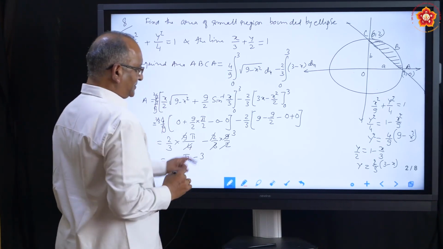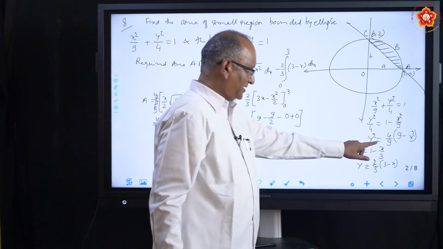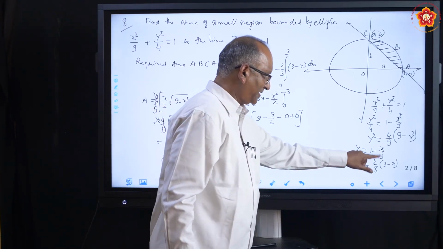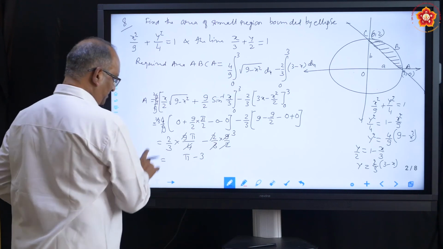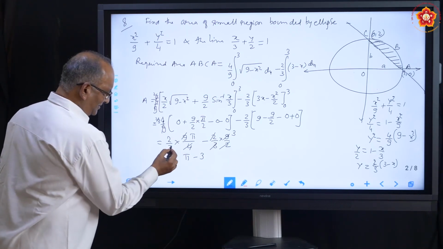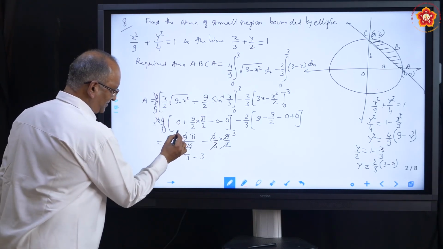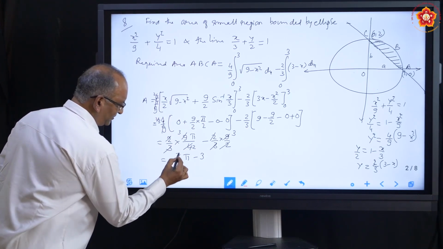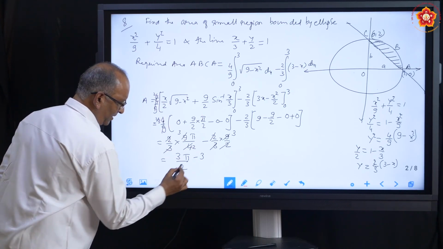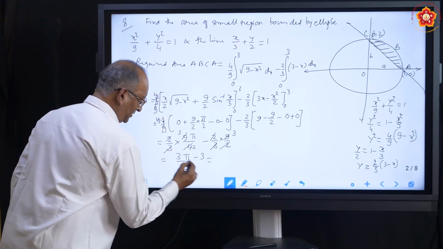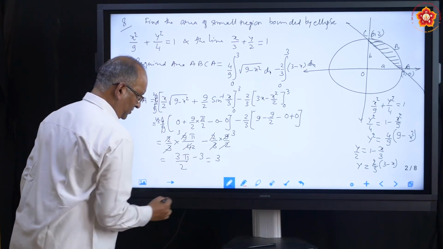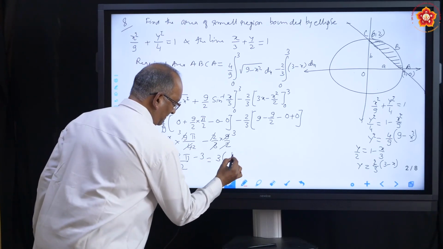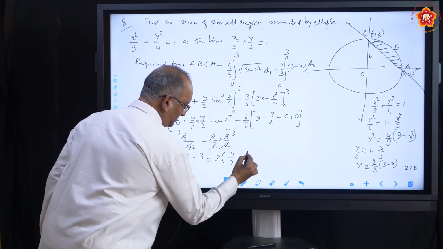Okay. Similarly, just check here, y by 2 minus equal to this. So y equal to 2 by 3. That is fine. That part is correct. Only this part we have to do it. So what is it? 3 1s are, 3 3s are, 2 1s are, 2 2s are. So what is that you are getting? 3 pi by 2. What is common? 3 is common. Okay. It can be written as pi by 2 minus 1.